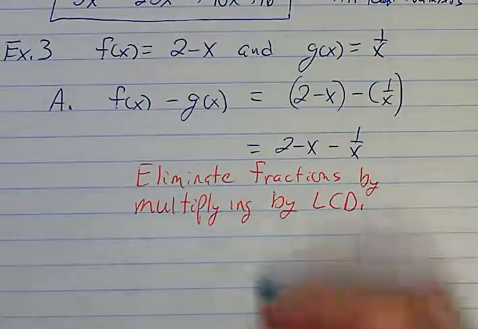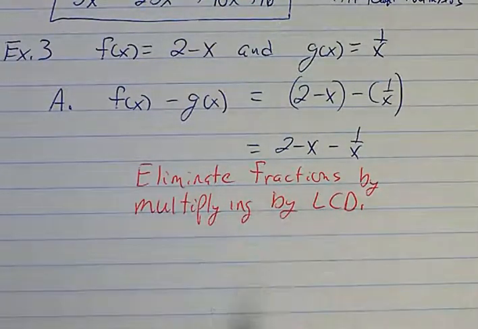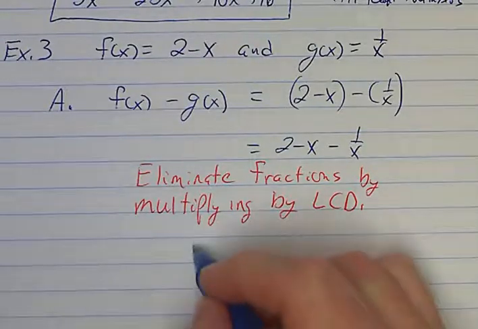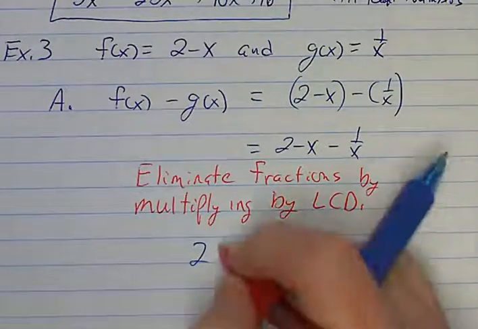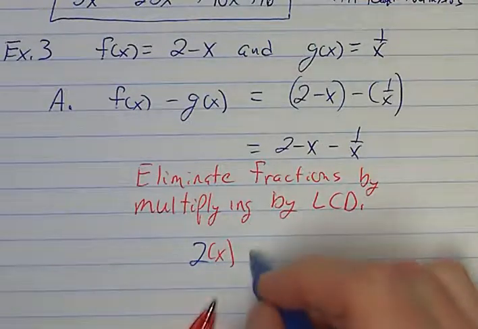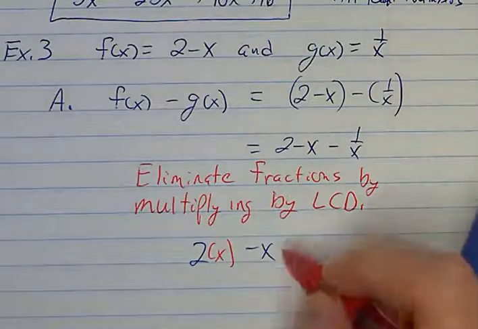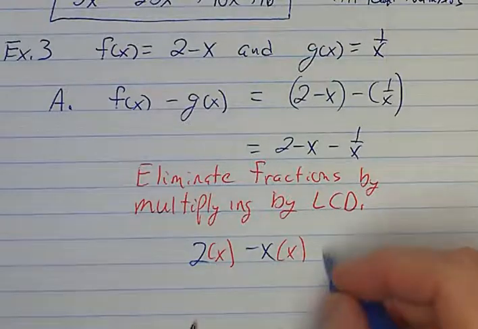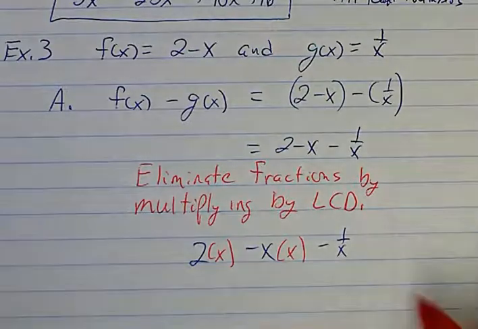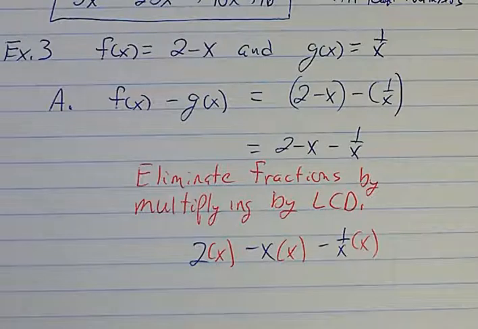So we're going to take every single term and multiply it by x. So we've got 2 times x minus x times x minus 1 over x times x.